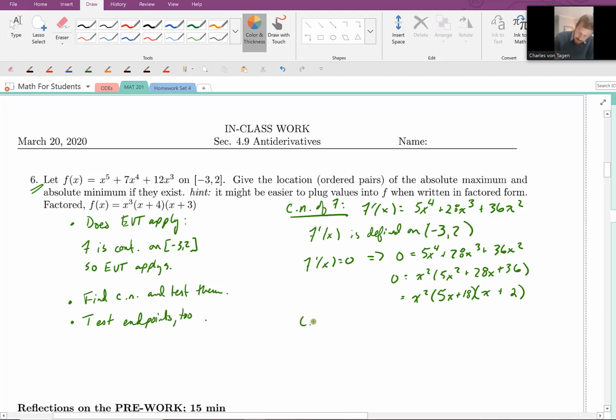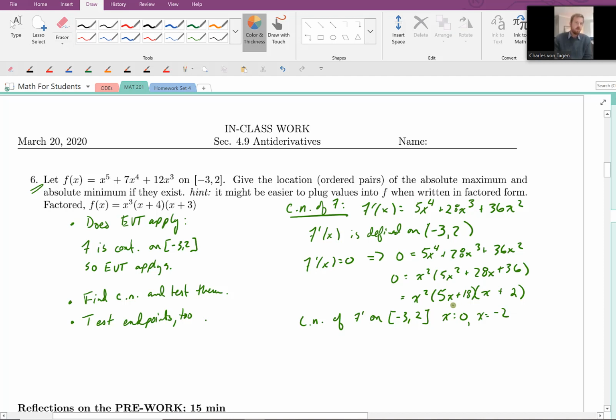So now we've been given f's derivative, f prime, in factored form, and so we see that the critical numbers of f on the interval from -3 to 2 are what? They are x equals 0, because if I plug in a 0, that factor makes the entire derivative 0, or they are x equals -2. If I plug in -2, that'll make the whole thing 0. It will also be 0 if I plug in x equals -18/5 into this function.